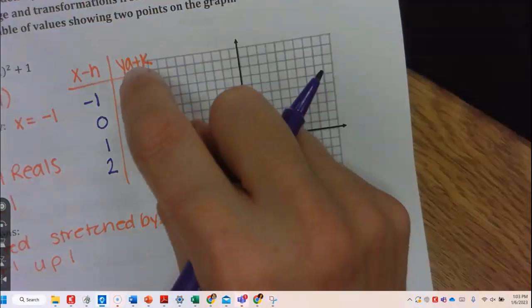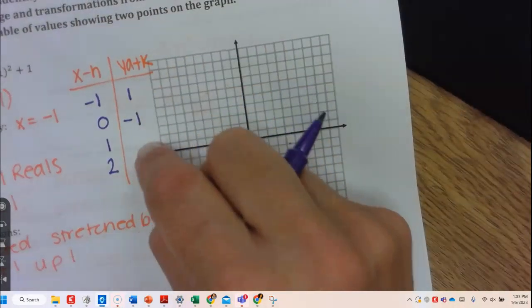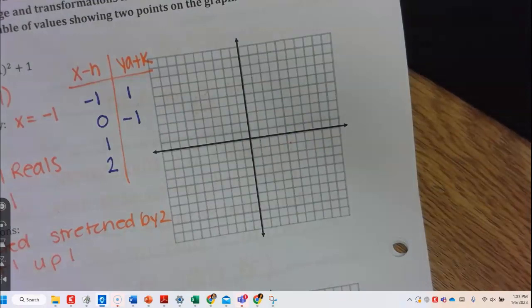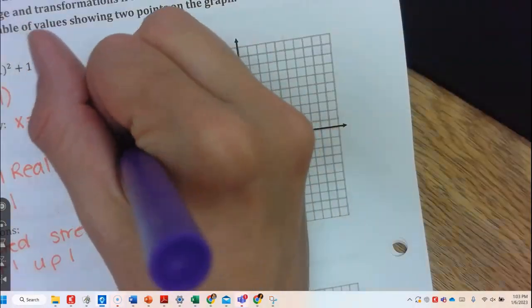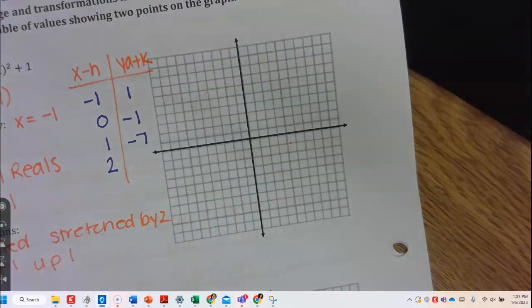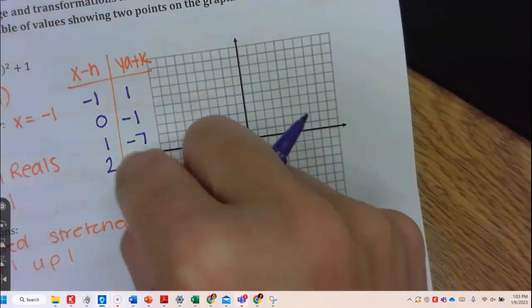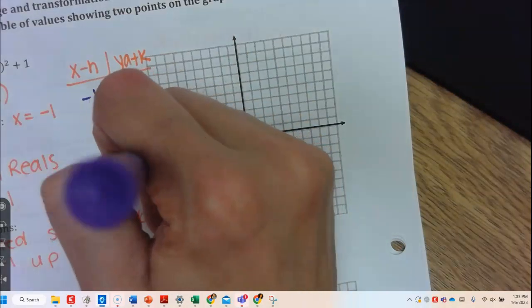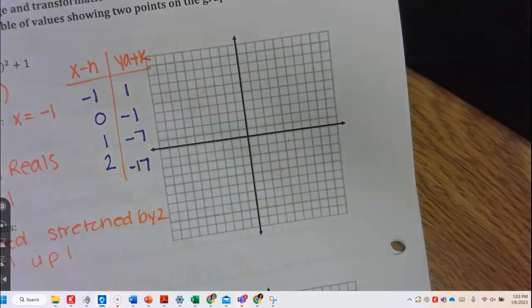And then 4 times -2 is -8. -8 plus 1 gives you -7. And then your last one's 9. 9 times -2 is -18. Plus 1 is -17.